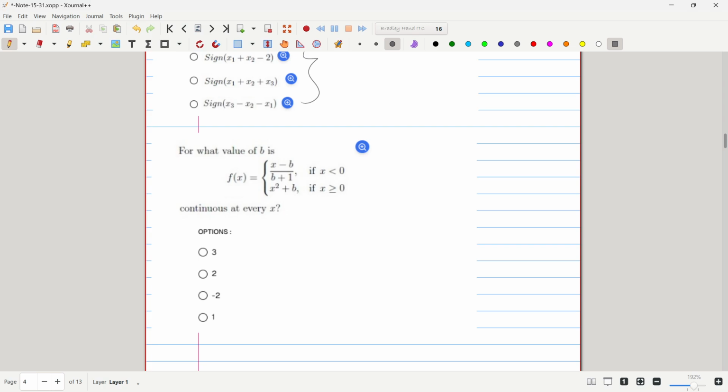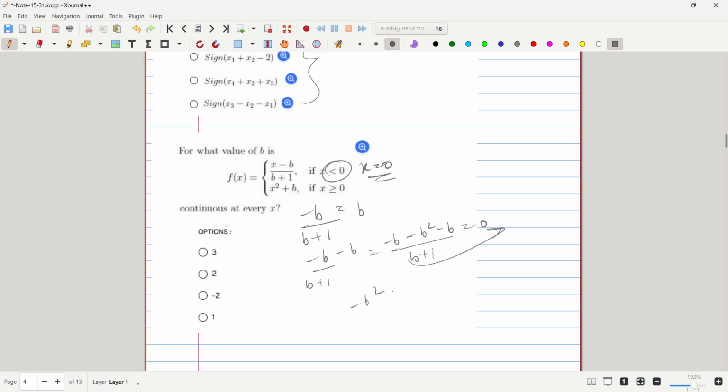Okay. What is the value of b? In these types of questions, we simply put x is equal to 0. Here you can see x is equal to 0. So if I say minus b upon b plus 1 is equal to b, then if I take LCM, b plus 1 minus b square minus b is equal to 0, and this will go as 0.